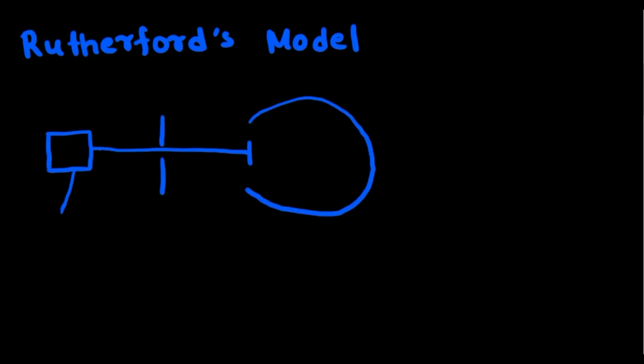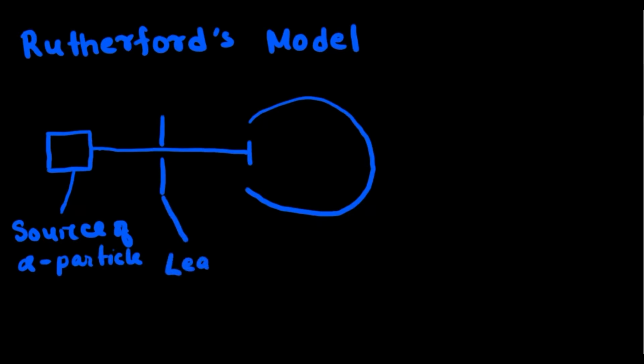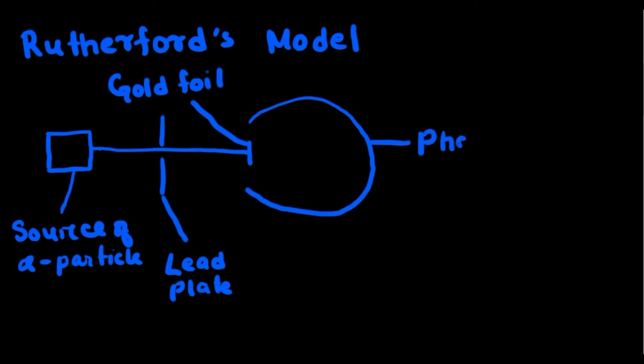This is the schematic representation of Rutherford's experiment, in which this is the source of alpha particles. This one is your lead plate. This one is your gold foil. And this is the photographic plate.